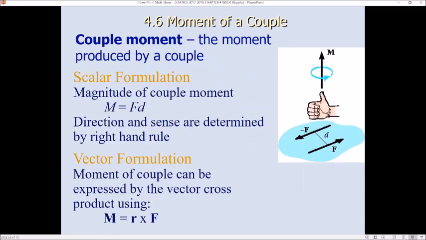For scalar formulation, the magnitude of couple moment is equal to force times the distance, where direction and sense are determined by the right-hand rule. And for vector formulation, moment of couple can be expressed by the vector cross product, moment equal to position vector cross with the force.